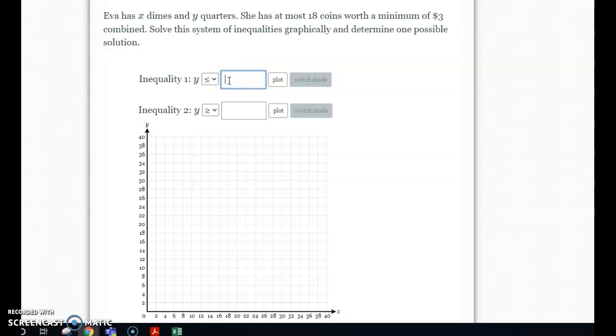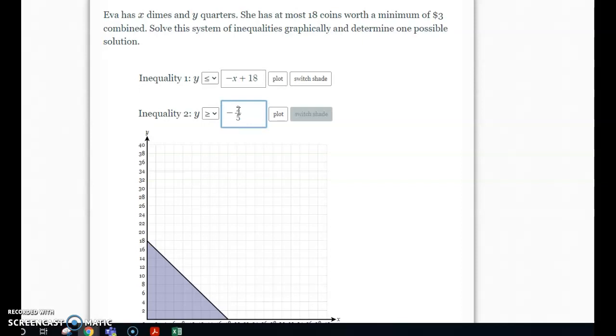The first inequality is going to be negative x plus 18. And then again, you plot that, and you consider the shading, which it is now correct. And then the other inequality is negative 2/5 x plus 12.